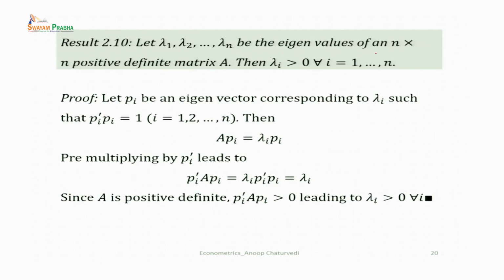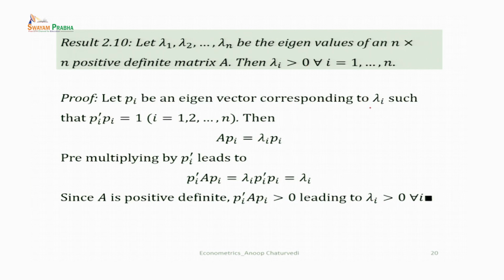Now, suppose lambda 1, lambda 2, lambda n are the eigenvalues of an n cross n positive definite matrix A. Then lambda i is greater than 0 for all i, meaning the eigenvalues of a positive definite matrix are always greater than 0.